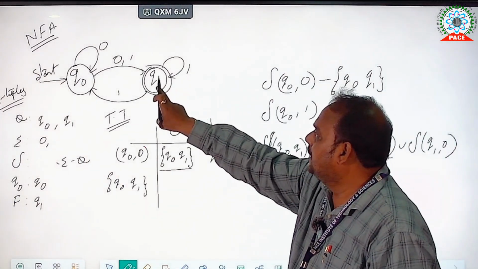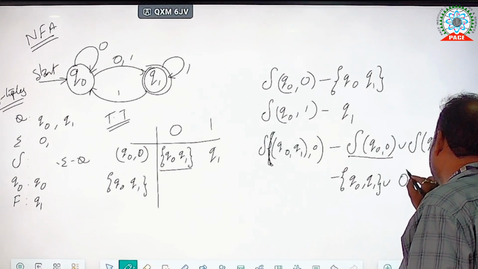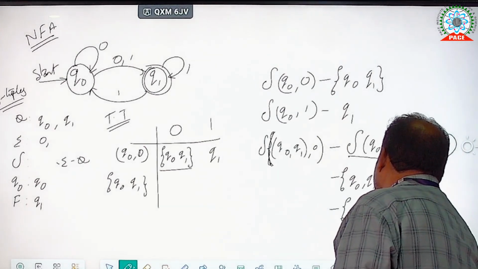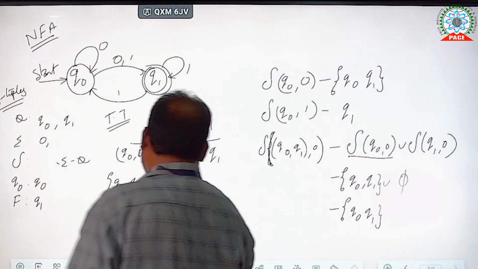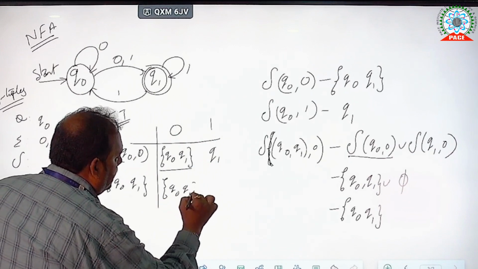Q naught does not have a zero transition with this, so that's why we have to write pi. There is no state element there. That's why it reaches Q naught, Q1. Here I have to write down the state Q naught Q1.